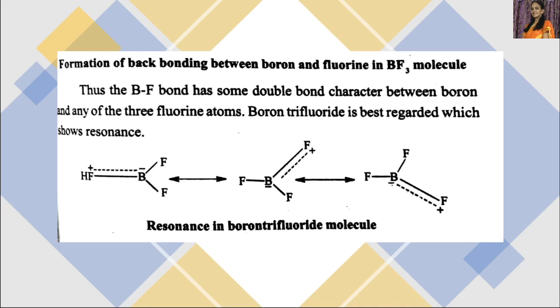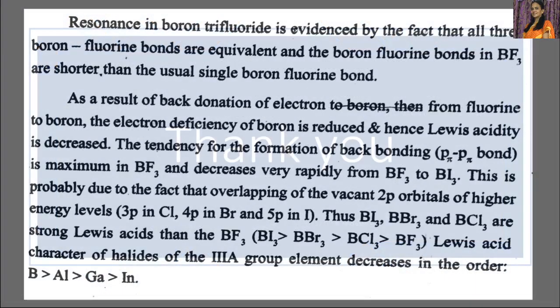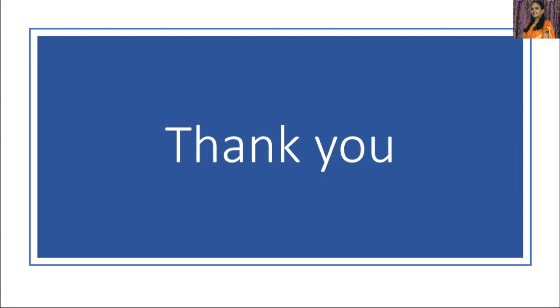There we discussed the Lewis acidic nature of different boron halides and their comparison. So this is about today's talk. We will conclude and we will continue with the next group of the p block in the next video.